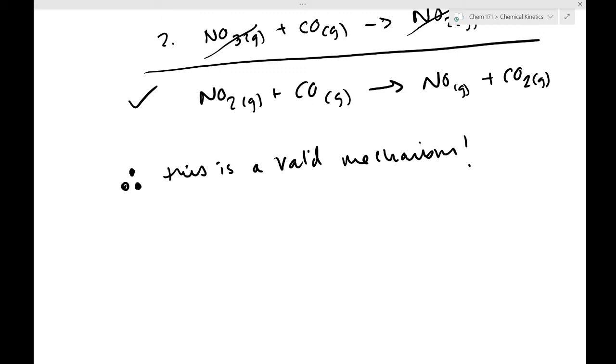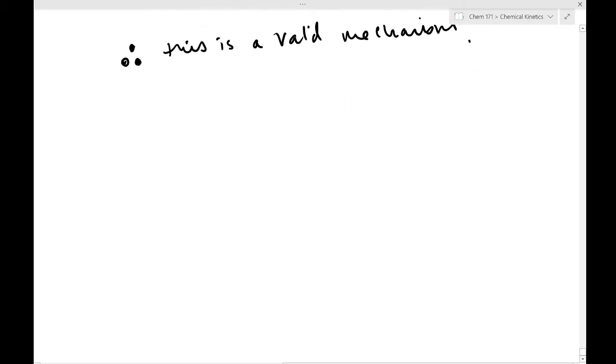Okay, and there are certain ways that we can distinguish between different commonalities that happen within chemical reactions. We can have a mechanism with a fast initial step.